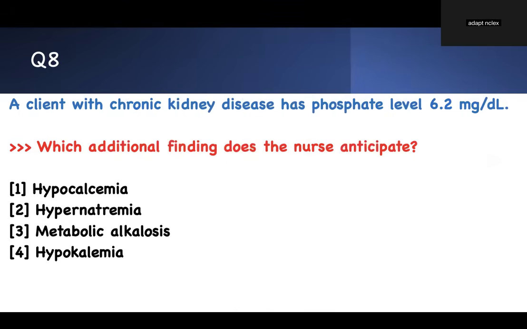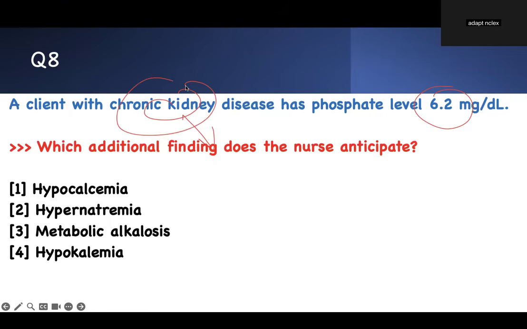A client with chronic kidney disease, that's a buzzword, with the phosphate of 6.2. Your kidney is destroyed and your phosphorus goes up. Which additional finding does the nurse anticipate? These are straightforward to let you know, put all the 3 videos together and come back and answer these questions. Kidney, your phosphorus is high. That means anything that can affect your kidney, what is associated with that?